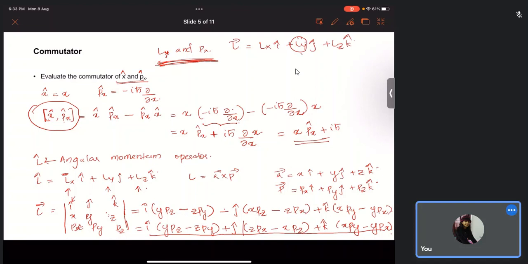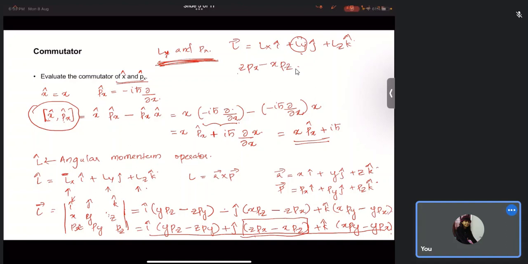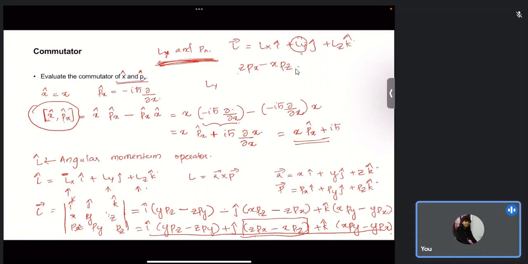Ly is this one, z px minus x pz, and we are supposed to calculate the commutator, how Ly commutes with px. I have just given the equation for Ly, and from L we can evaluate the commutator similarly as mentioned here.